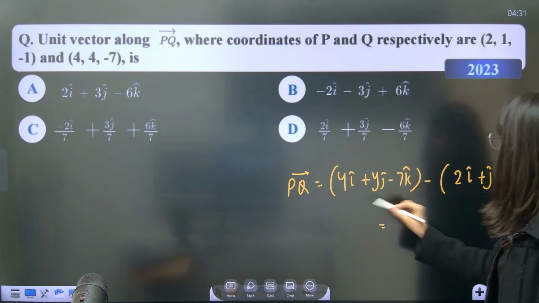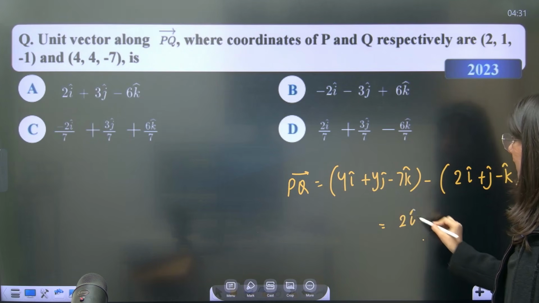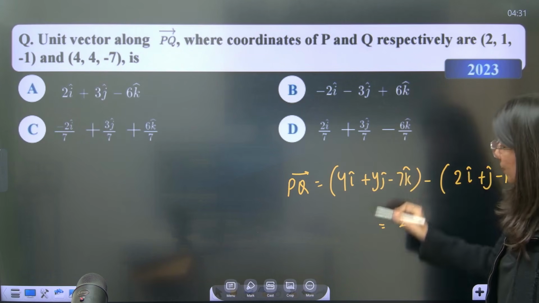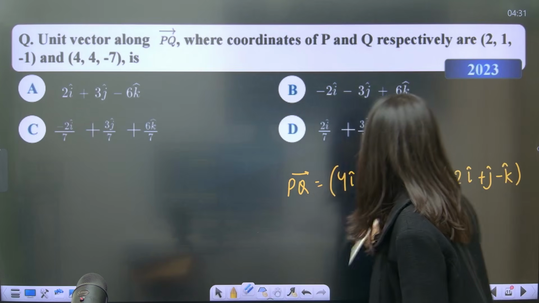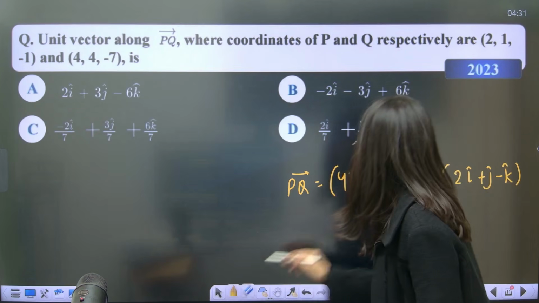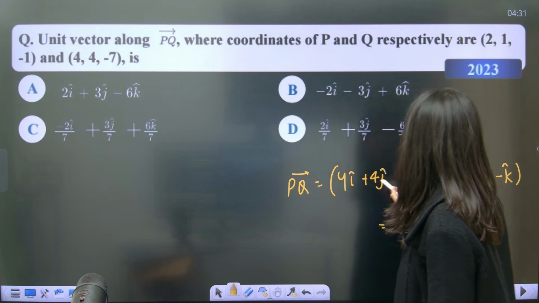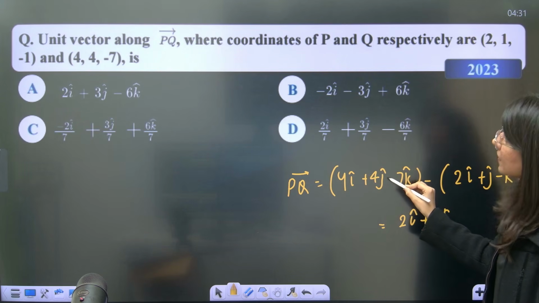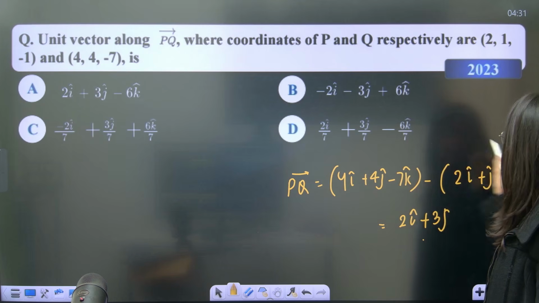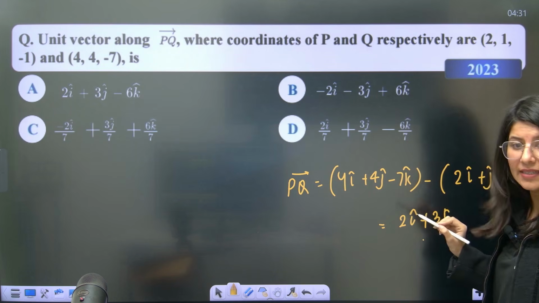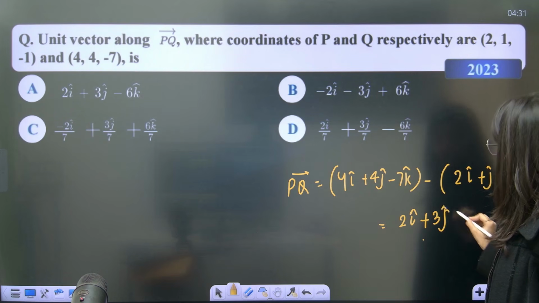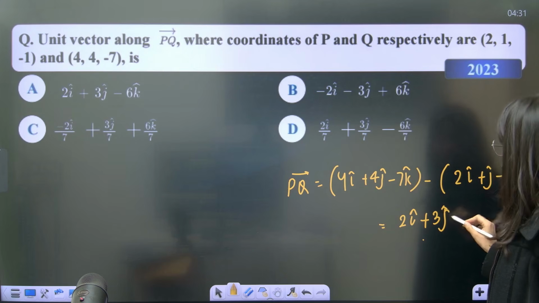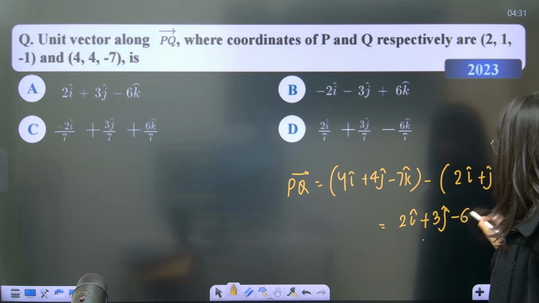This gives 4 minus 2, 2i cap, plus 3j cap, and minus 7 plus 1 will be minus 6k cap.